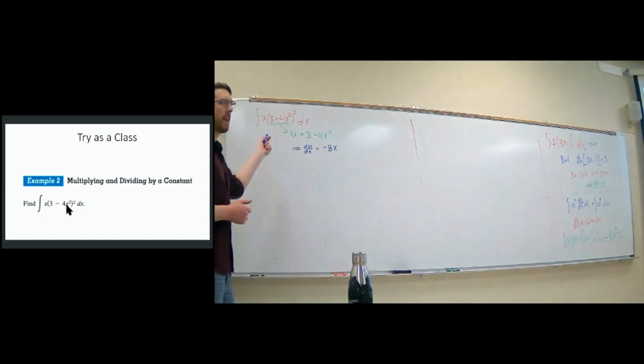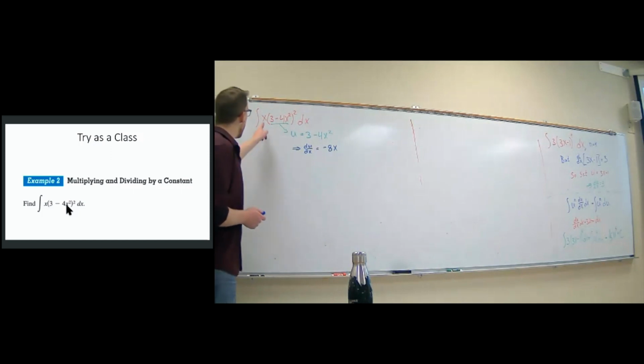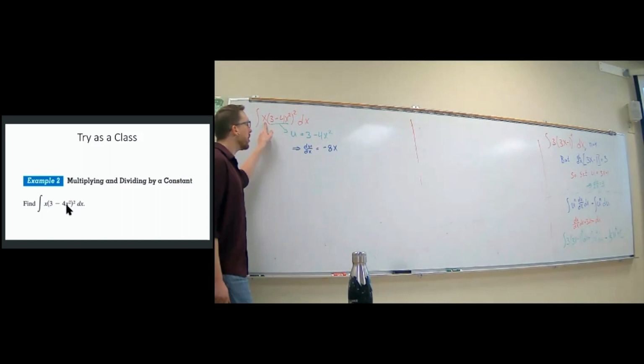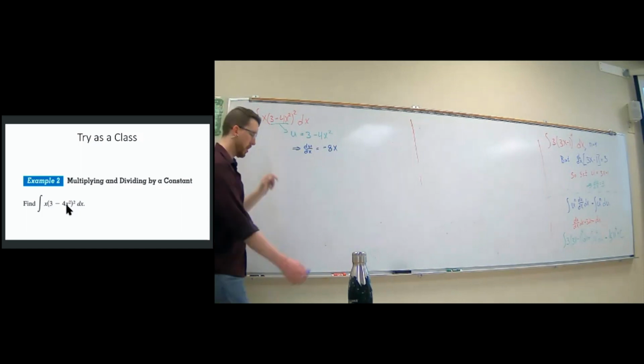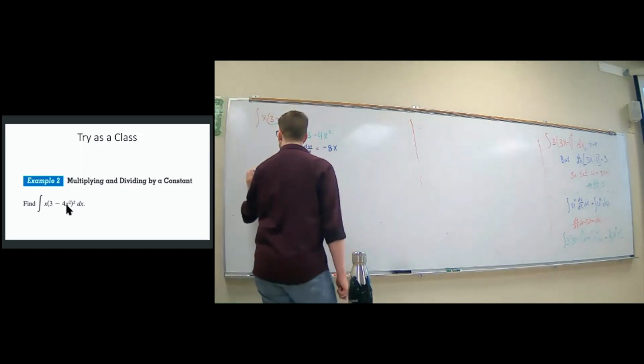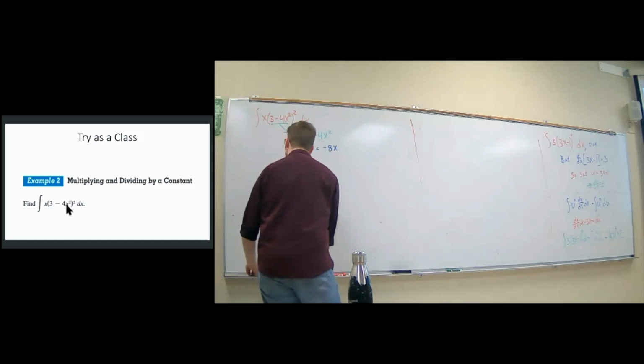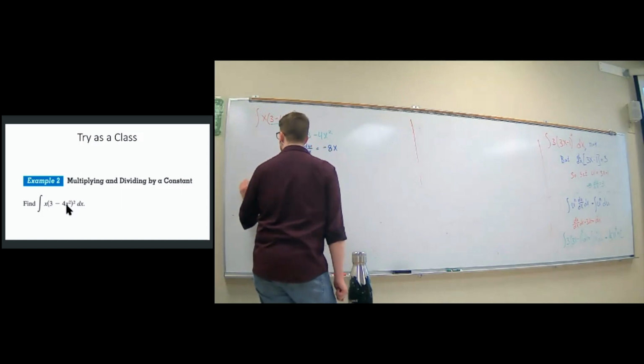Well, I don't have negative 8x here. But I do have a u. What I have is x. So if I were to multiply by -8 and divide by -8, I would get the same value, right? So really quickly, let's just make that observation.